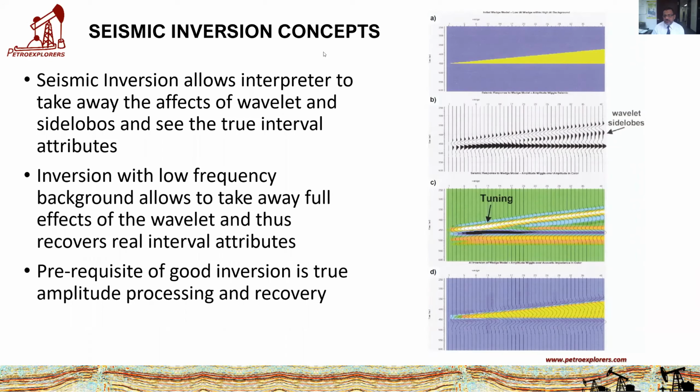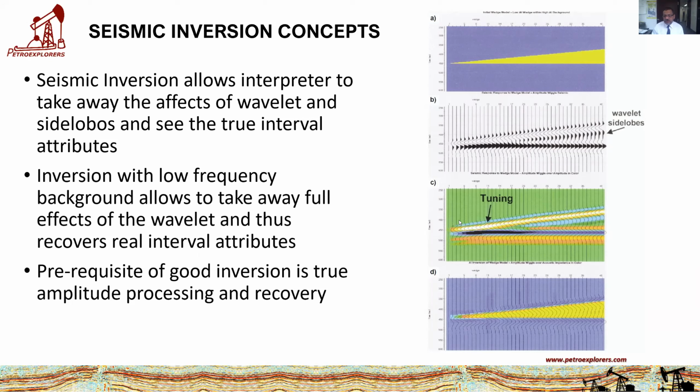From a general wedge model, if you have a wavelet with side lobes, it is really difficult to tell where the wedge is, whether it is the unconformity on the top, and where the wedge finishes, or where the tuning is.